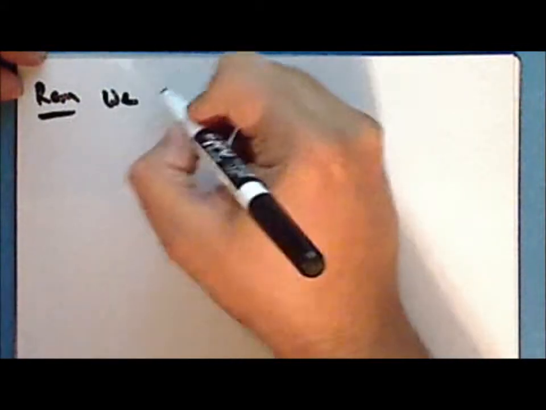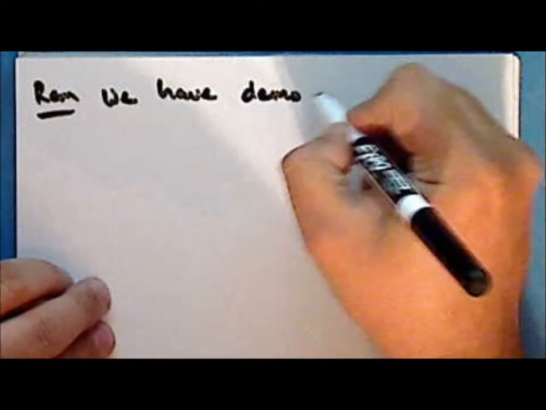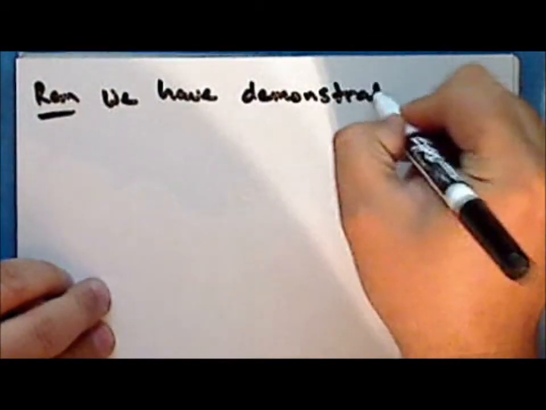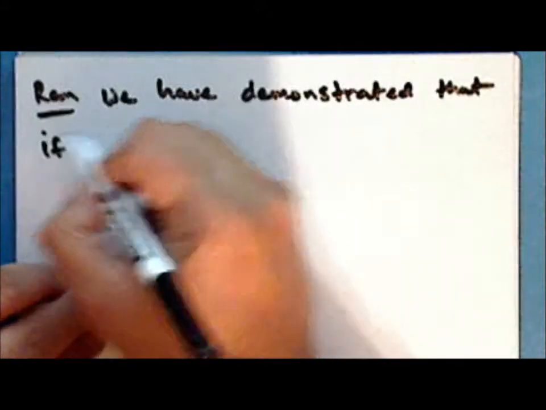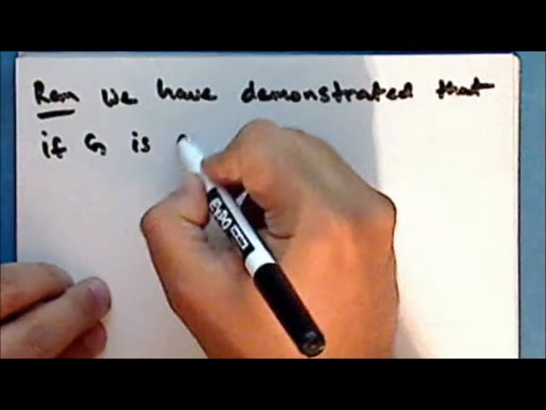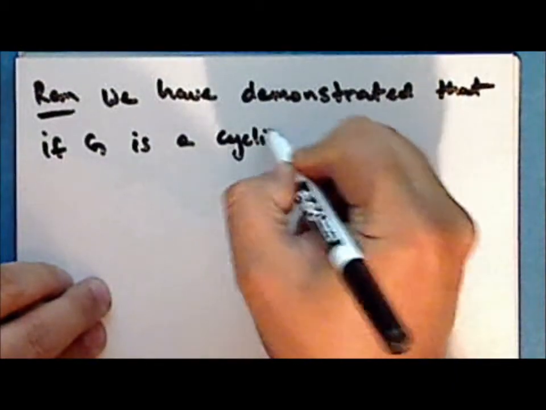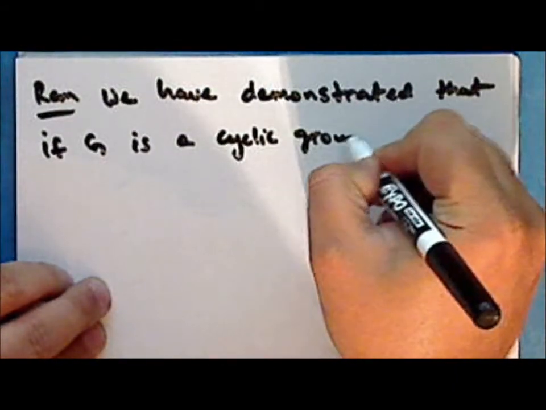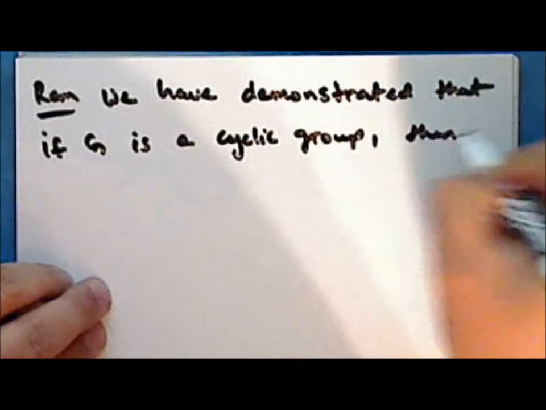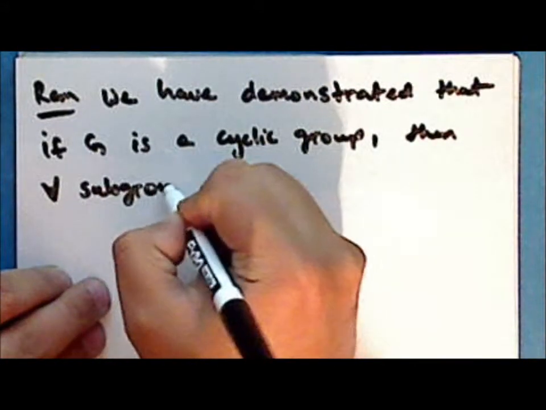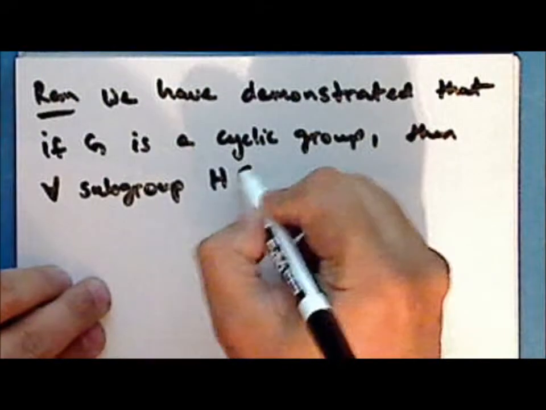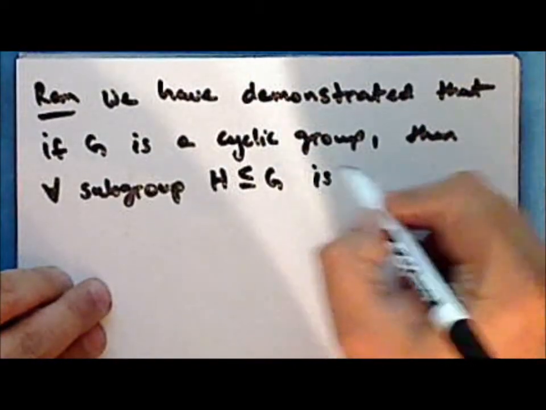Okay, so we have demonstrated that if G is a cyclic group, then every subgroup H of G is cyclic.